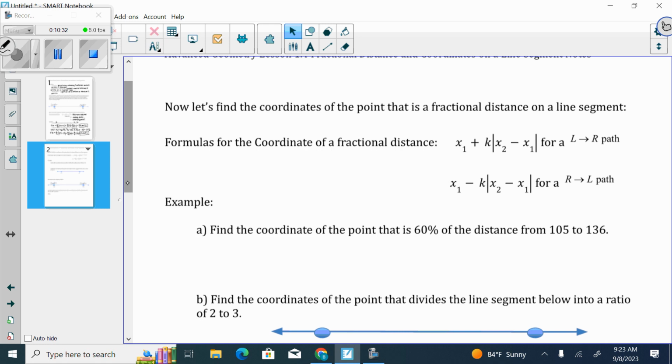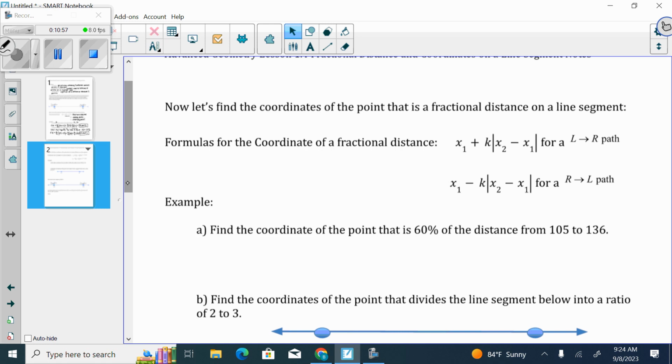Same is true here. Fractional distance is still how far we've traveled, while a coordinate is going to be a specific location. So if I tell you you started at 1 and you're going to 20, and I ask you to only go 3/4 of the way there, this formula tells you what number you would land on if you went 3/4 of the way there.